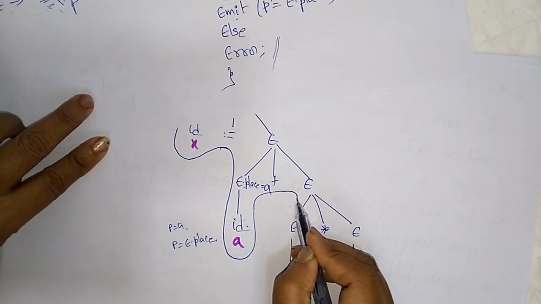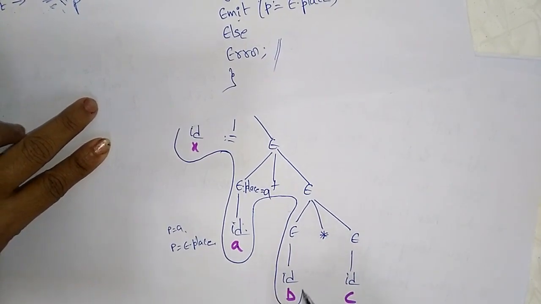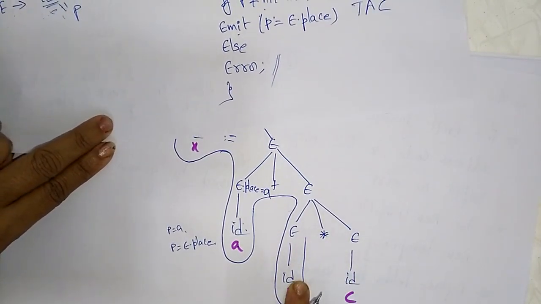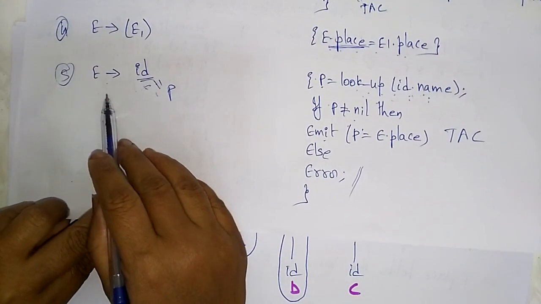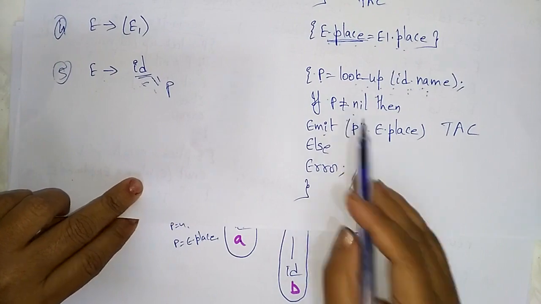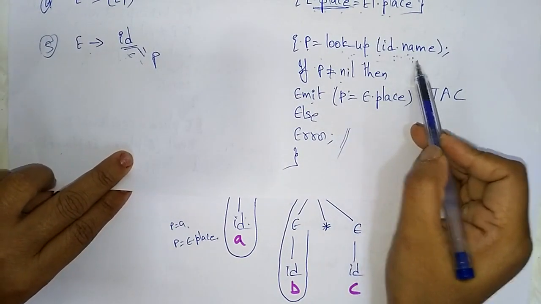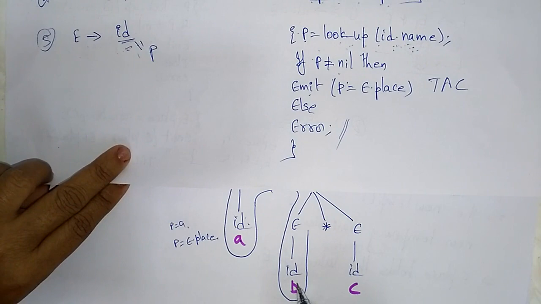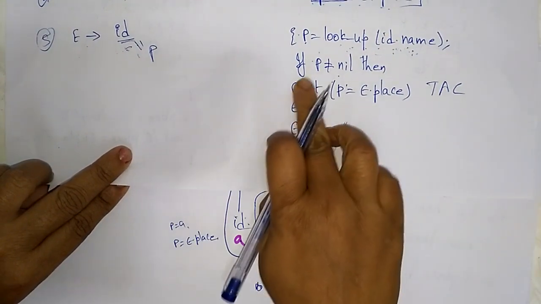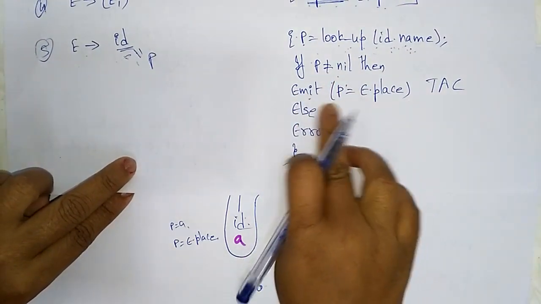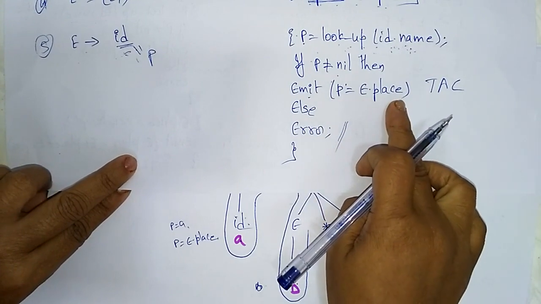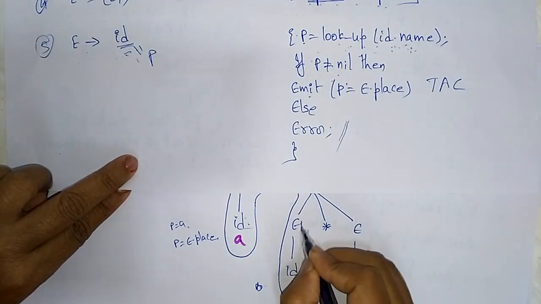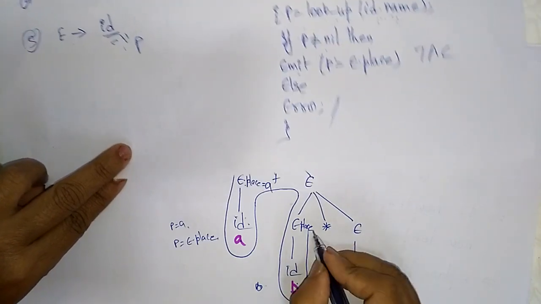Now here there is no reduction. Again here is a reduction: E determines ID, the fifth production. So P = lookup(ID.name), and here the ID.name is b, which means P is holding the value b. P is not equal to null, so emit, that is, generate a three address code with E.place = P, which is b.